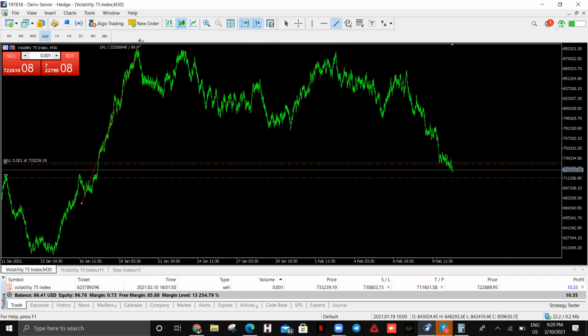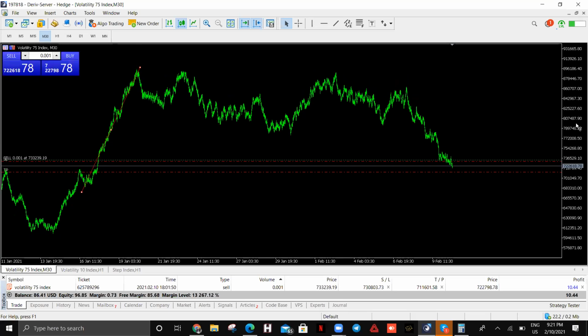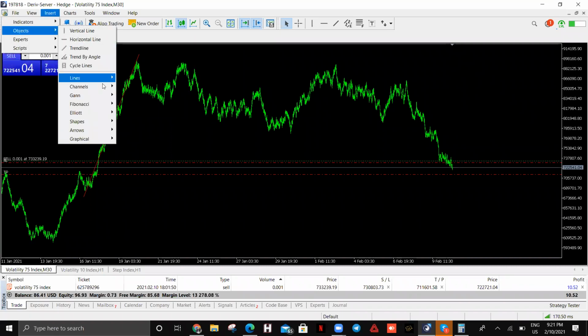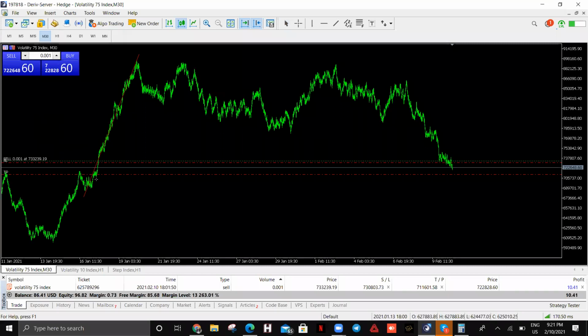So I'm going to draw this. Take a trend line. Let me reduce this. Beautiful. So we've gotten our impulse move, from this place up to this place, you can see it there. You come to insert, objects, shapes, rectangle.